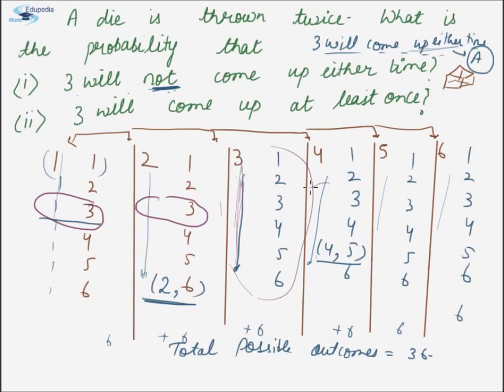Then we have this particular value where 3 is coming, here also 3 is coming, and here also 3 is coming.